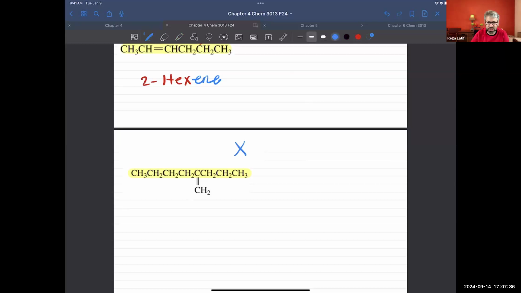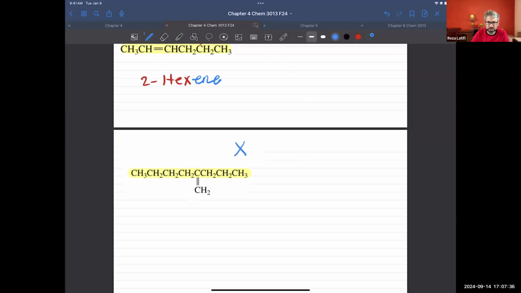And then on the 2nd carbon, I have the double bond, so this is the position of the double bond. Then you say the name of the main chain. It has 5 carbons, so you say pent, and then pentene. Okay, pentene.